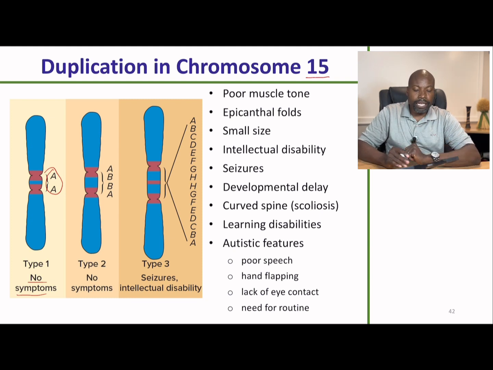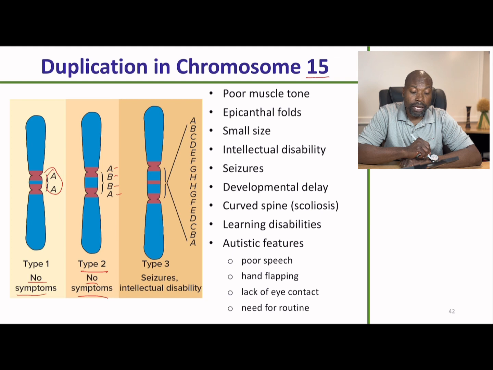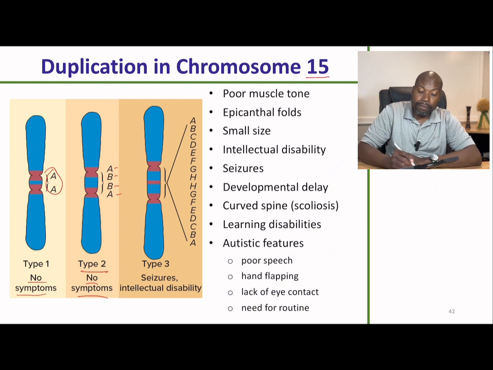Then we have a duplication that is going to involve not just gene A, but also gene B. This is type 2 duplication. We have no symptoms. But wait a minute.